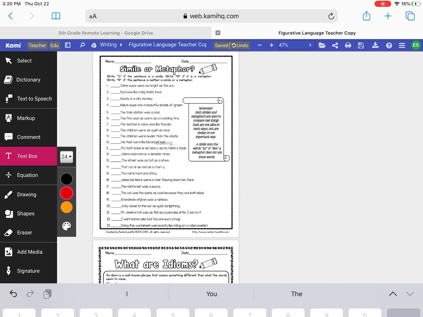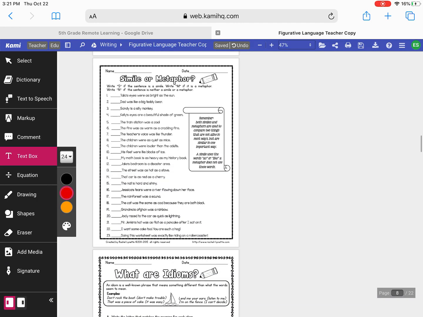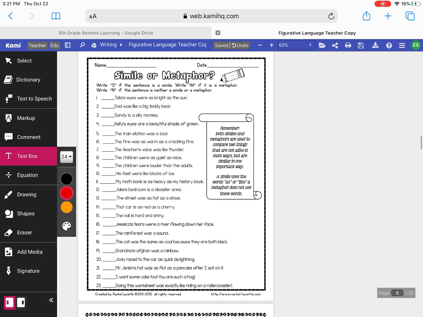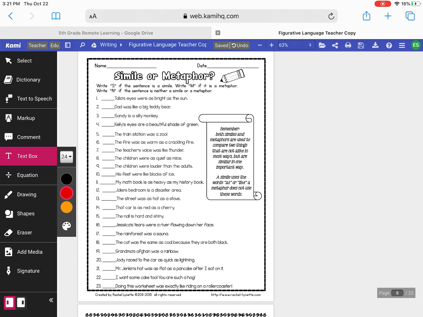Then we've got the simile or metaphors. You have to decide. Don't forget, similes have a tell. If you use like or as to compare them, it's a simile. You might want to write that down so you're not messing it up. Or a metaphor is just using is because you're telling me that is what that thing is.